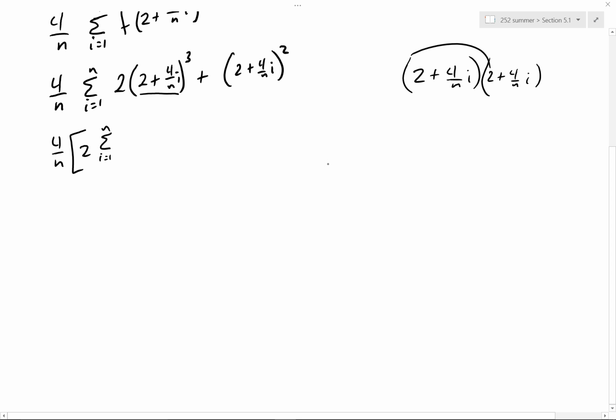So I'm going to get a 4 plus 8 over n plus 8 over n is 16 over n in the middle, i, plus 16 over n squared, i squared. And you'll notice that that's that bit right there. So I'm just going to go ahead and cheat and use that for right now. I needed it anyways.